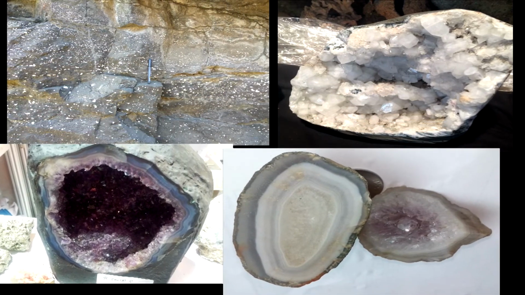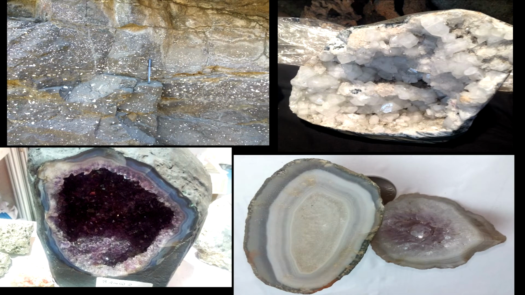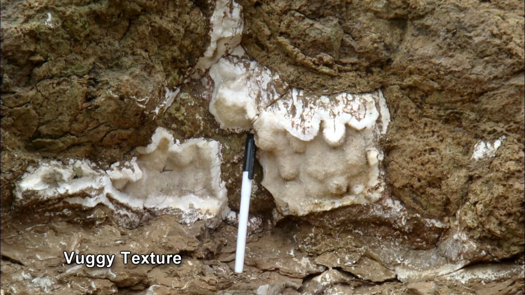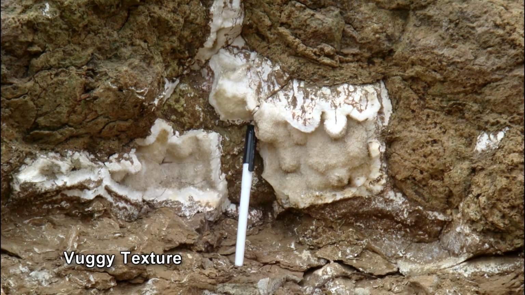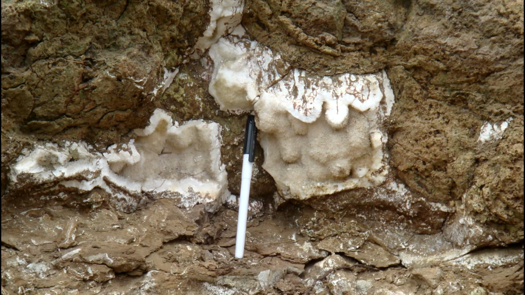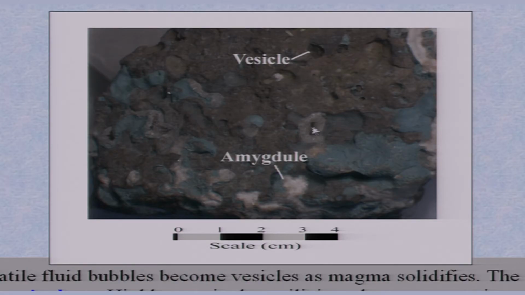Amygdaloidal: these open spaces later on are filled up by secondary minerals such as calcite, zeolite, quartz, chalcedony or any other minerals. As a result, amygdaloidal texture or vuggy texture is developed.